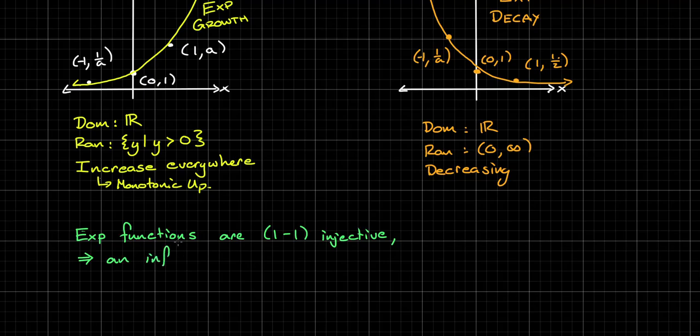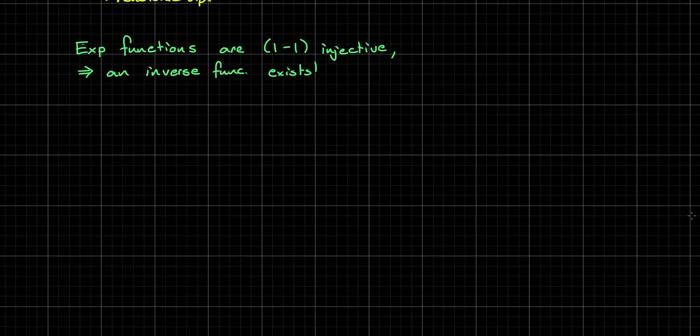And more specifically, not just an inverse, but an inverse function exists. This is going to be a real big part, and it turns out to be a really, really powerful tool.